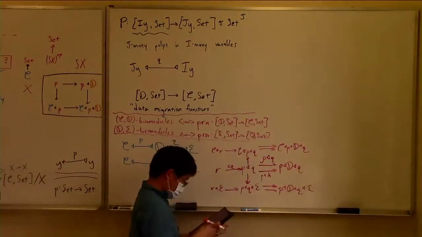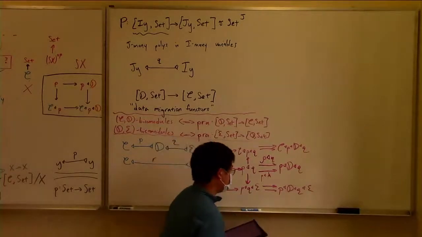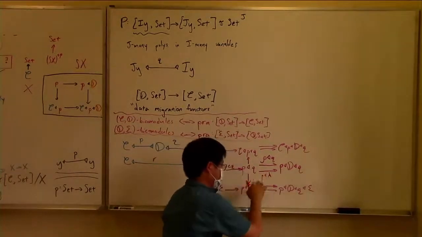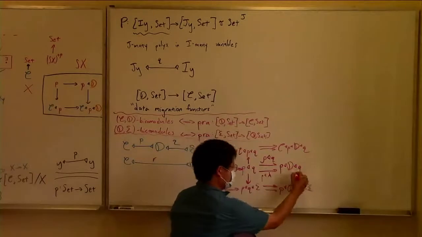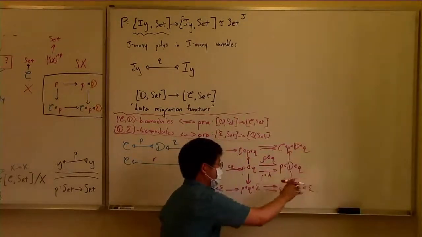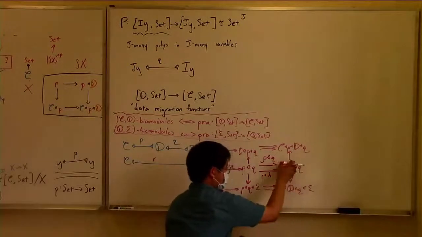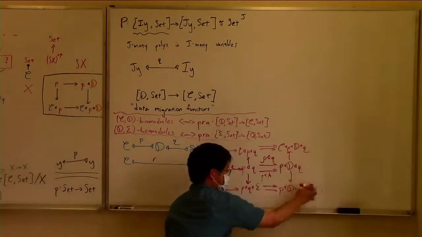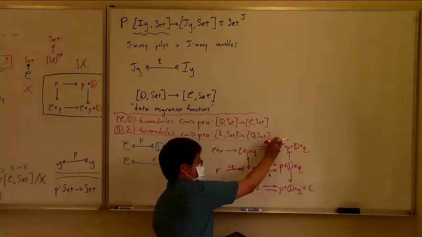And let's see, it turns out that this map here is going to make these commute. This is the map keeping P and D the same, but taking Q to QE. Here it takes P to CP.